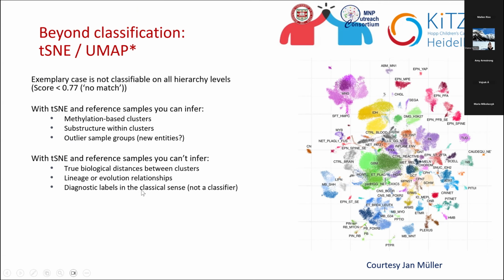However, with t-SNE plots, you cannot really infer true biological distance between clusters, or lineage or evolution relationships, or put a diagnostic label. This is the nice example that Jan presented last time.